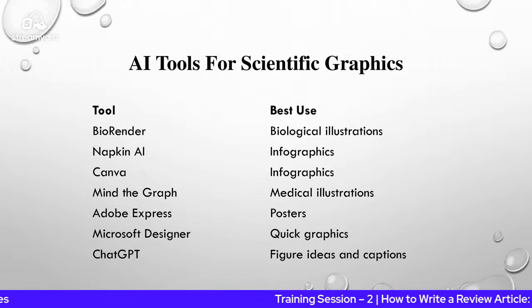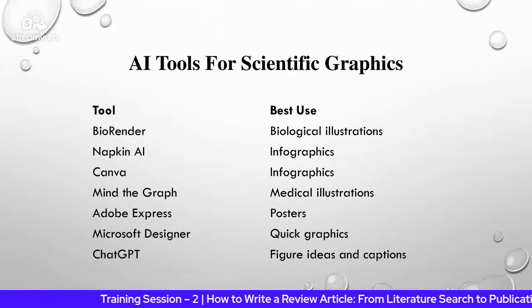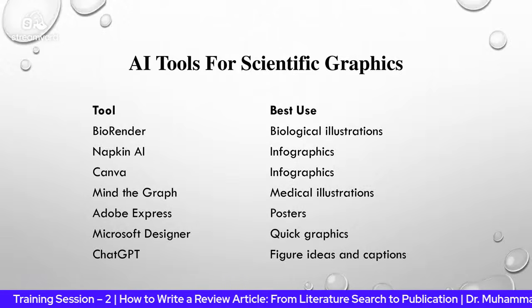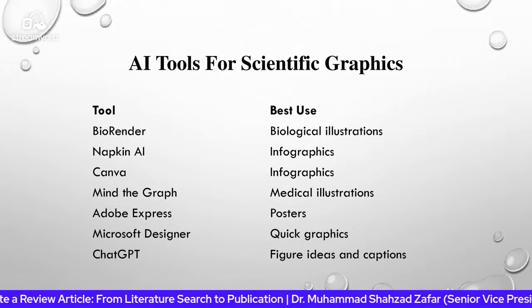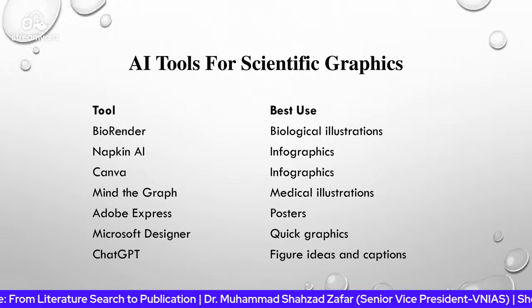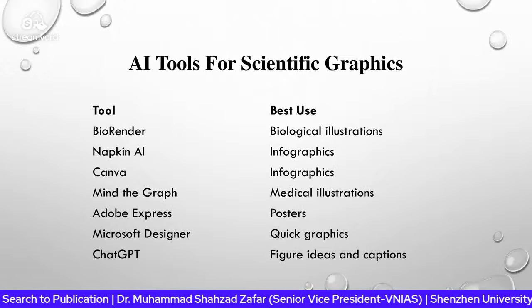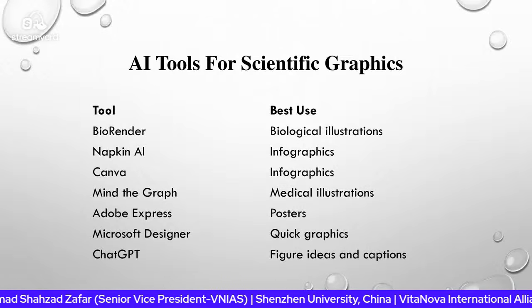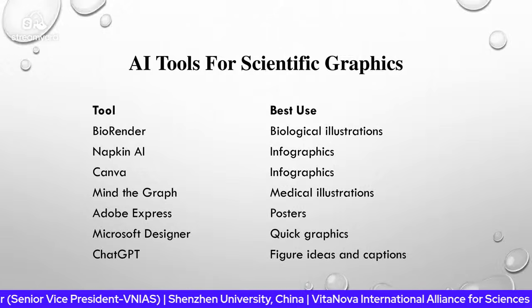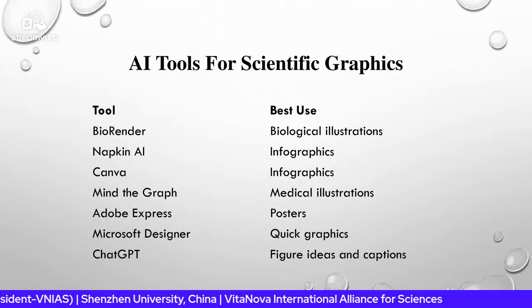AI tools for scientific graphics. There are several tools. We have mentioned some prominent tools that are being used in this era. Today, researchers do not necessarily have to create every visual element manually.